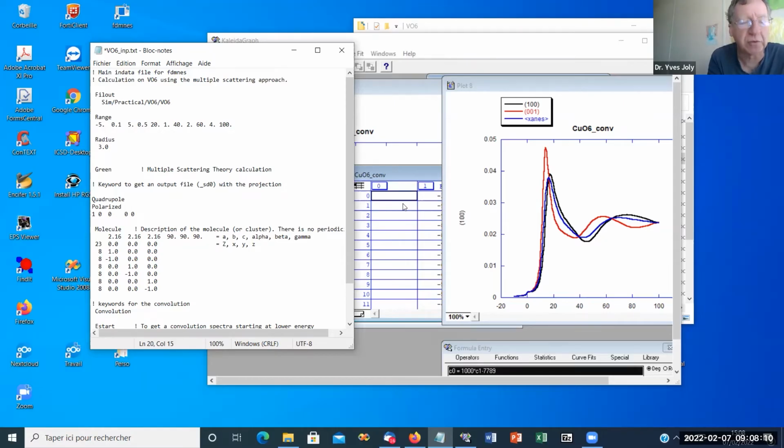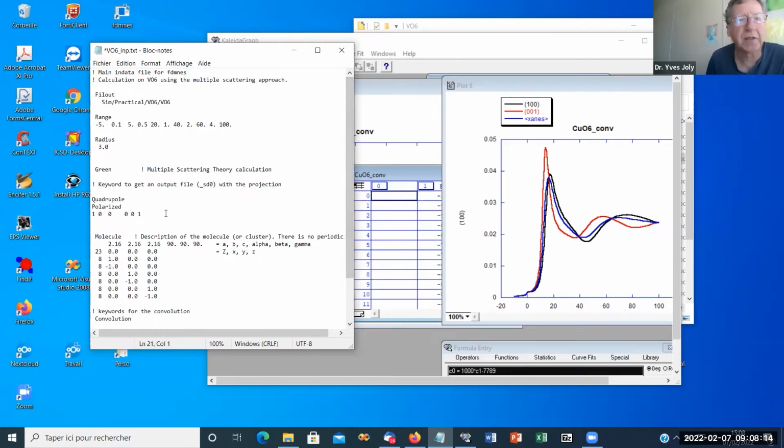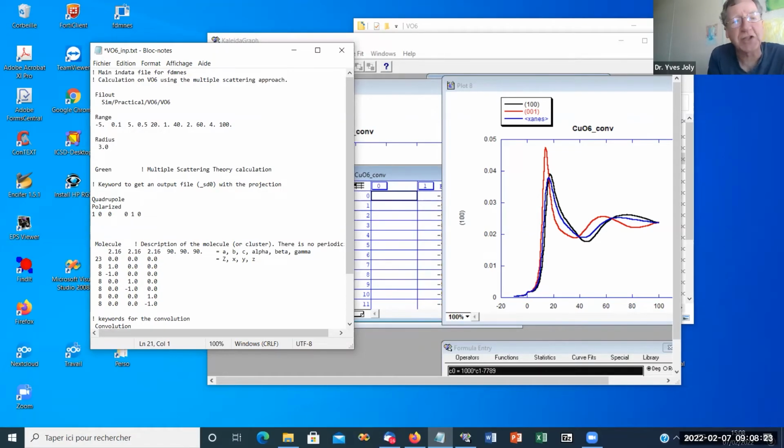So I put it along Z. No, sorry, I put the wave vector along X, but I will explain after why, because I know the result. Now I make a rotation by 45 degrees. So polarization is in the basal plane, but along this diagonal, and this one also in the diagonal, but perpendicular to the other one.